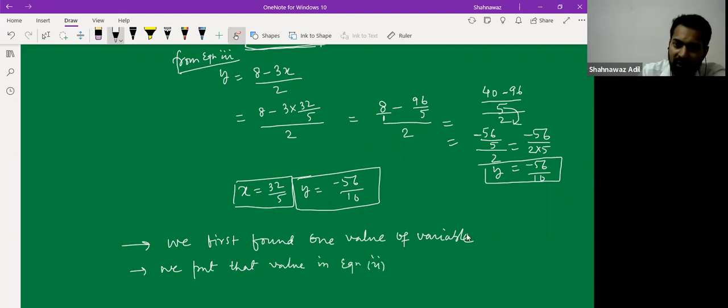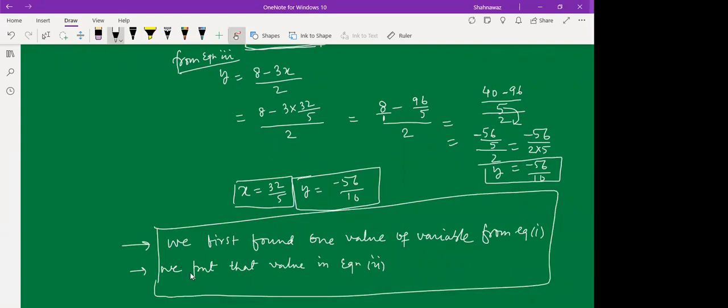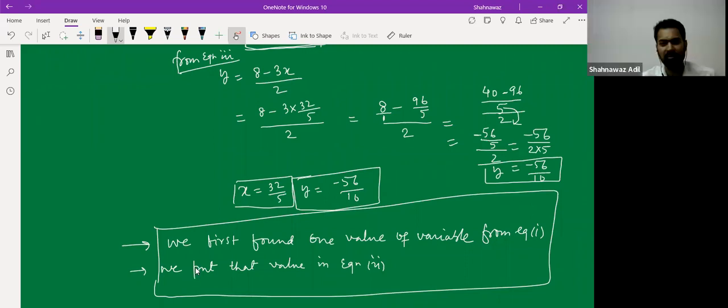So we first found one variable from equation 1. So this is the substitution method. Understood? Any doubt? Any queries? No, sir.